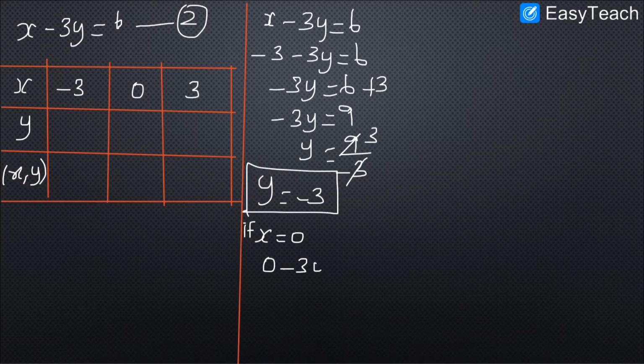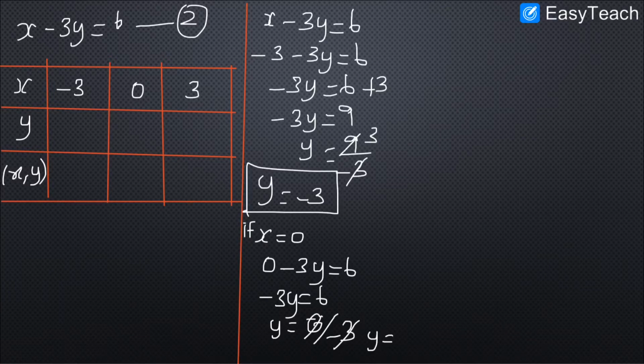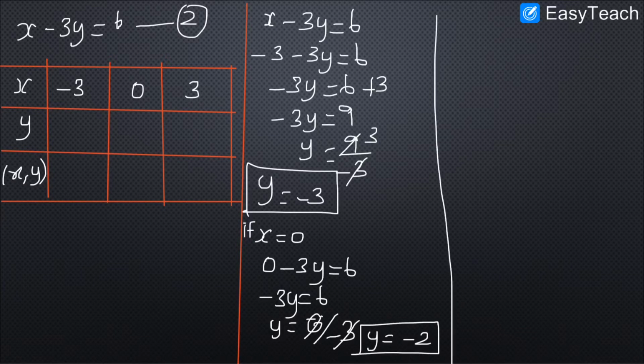If x equals 0, the equation will be 0 minus 3y equals 6. So minus 3y equals 6, y equals 6 by minus 3. So y equals minus 2. If x equals plus 3, I substitute in the equation: 3 minus 3y equals 6.